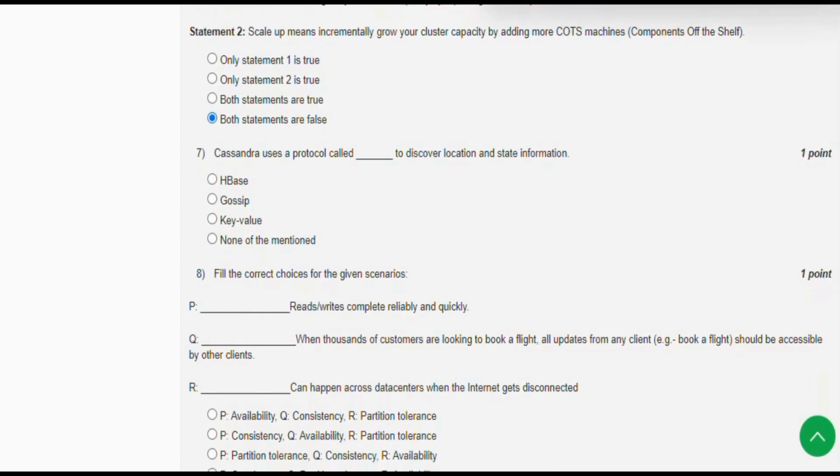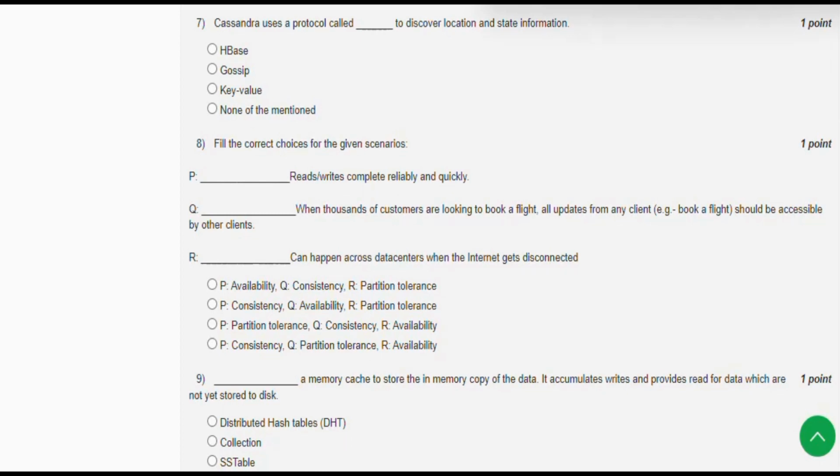Now moving into the next question, question number 7. Cassandra uses a protocol called dash to discover location and state information. The options are HBase, gossip, key value, none of the mentioned. And the answer will be gossip. Okay, so I select gossip.